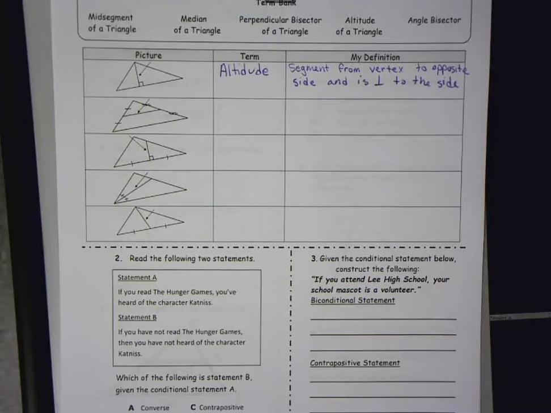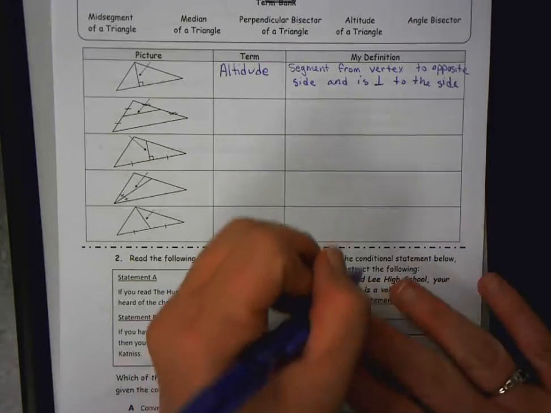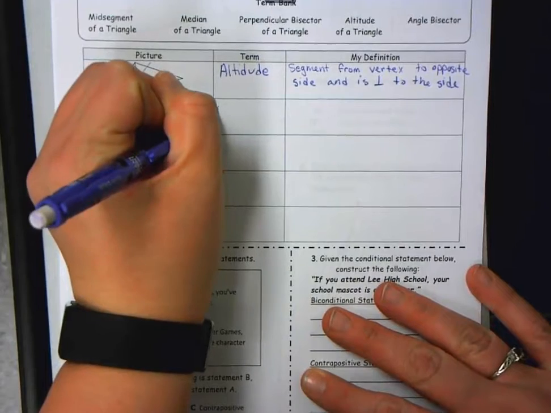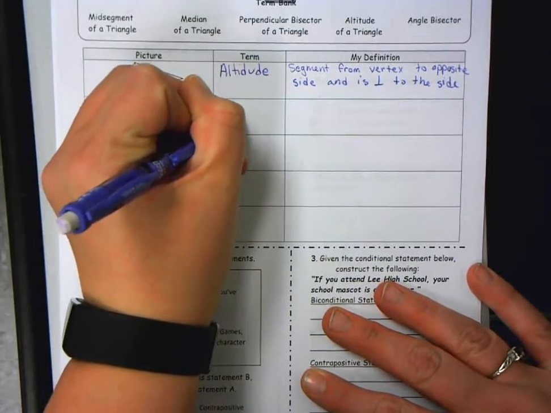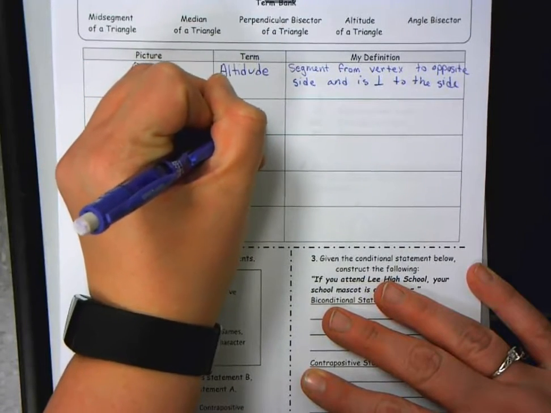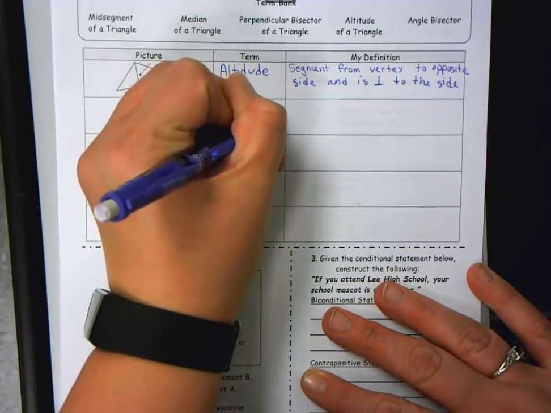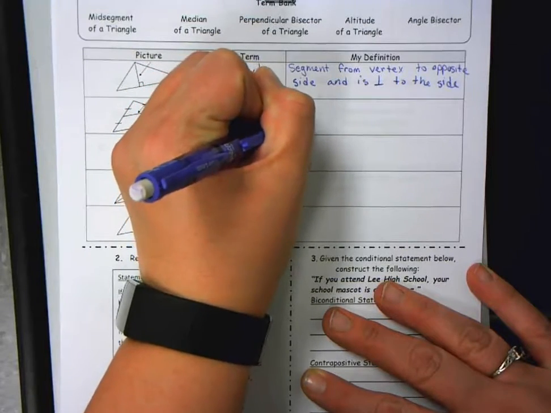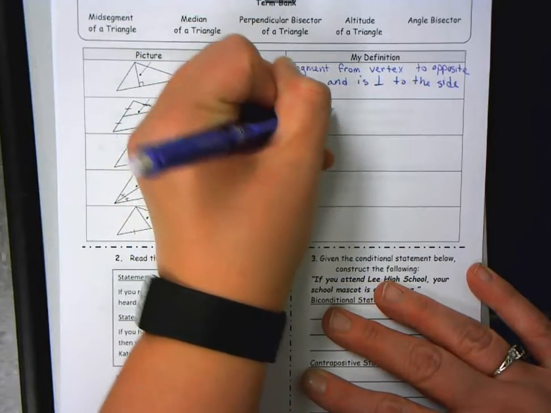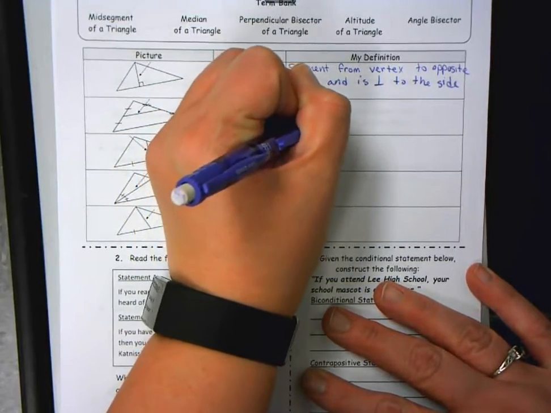The next one we have is a mid-segment. You can tell it's a mid-segment because it is a segment in the triangle, and it goes from one midpoint to the other side's midpoint.